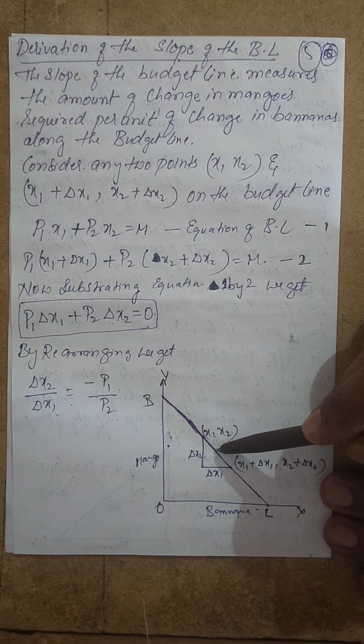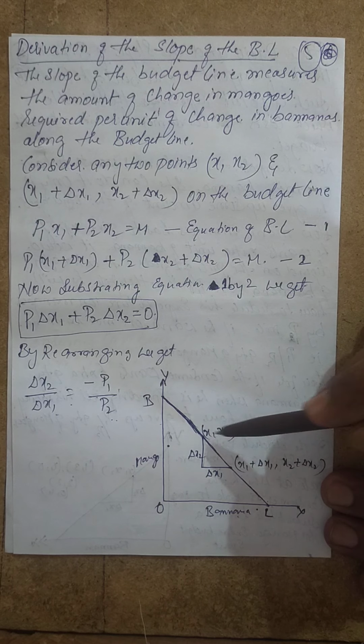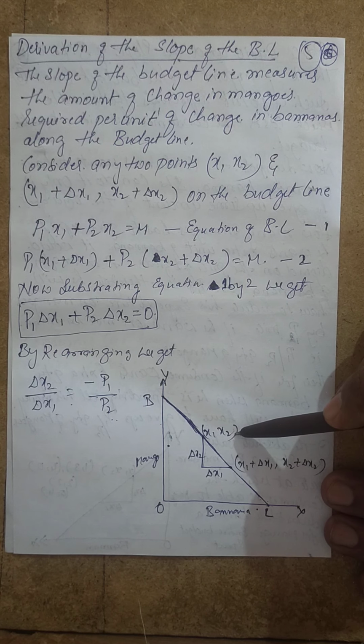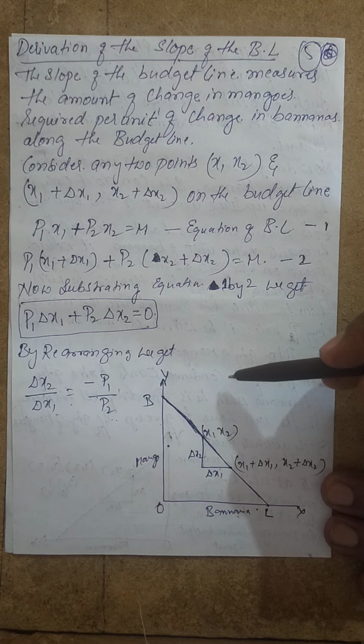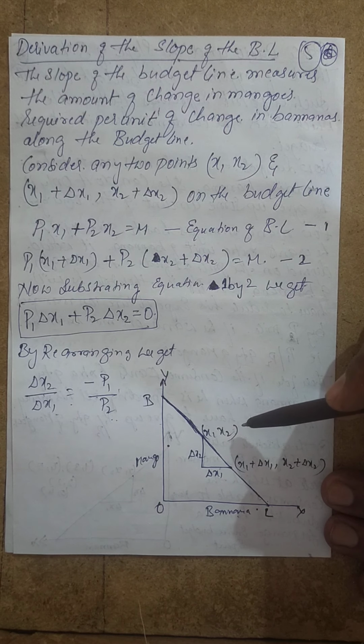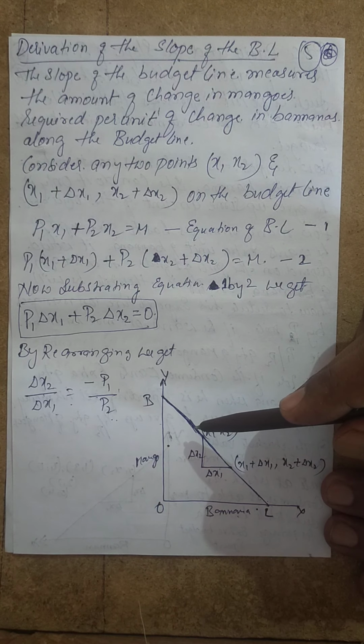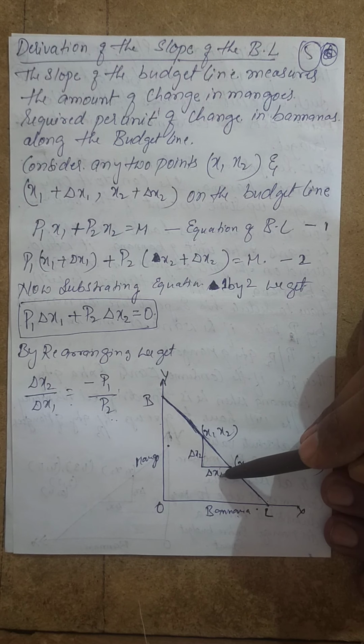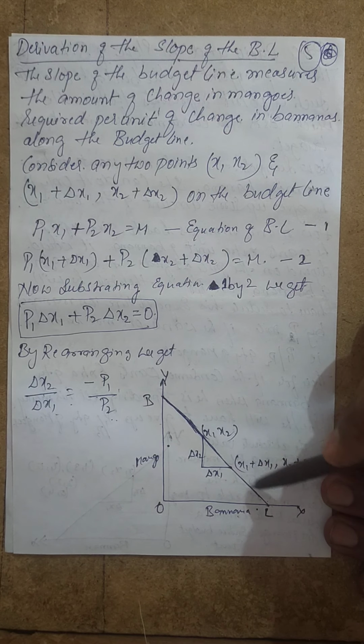With respect to change in banana, the amount of change in mangoes is what we can see on the budget line. Whatever it is, if it is 1 comma 3, or 4 comma 0, that means 1 unit of x1 and 3 units of x2, or 4 units of x1 and 0 units of x2. Any combination might be the amount of change in mangoes per unit change in banana, which we can see on the budget line.